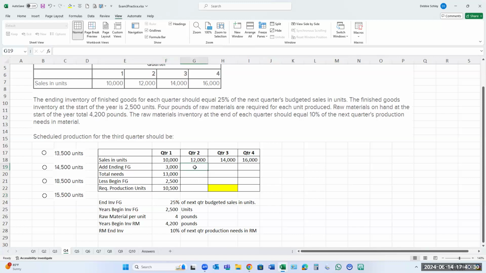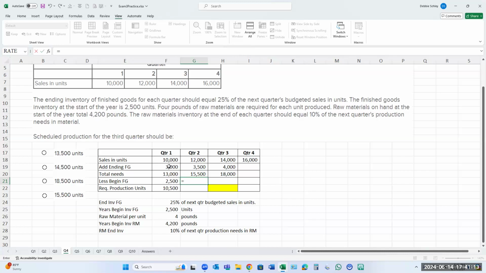Quarter 2, ending finished goods is the beginning finished goods from the month before. No, it's not. Ending finished goods is 25% of the next quarter's sales. So I'm shooting for quarter 2's production. Total needs, add those two together, minus beginning.